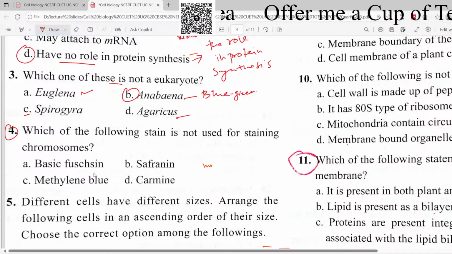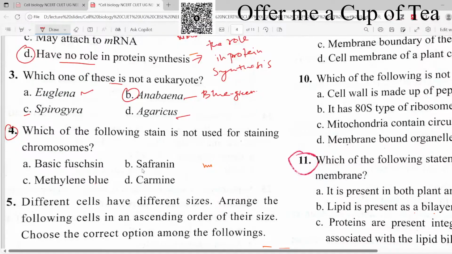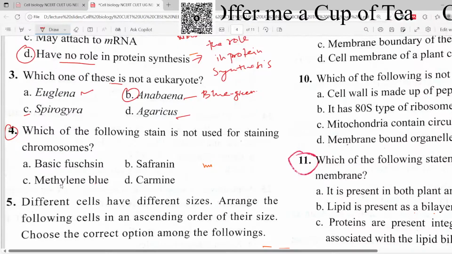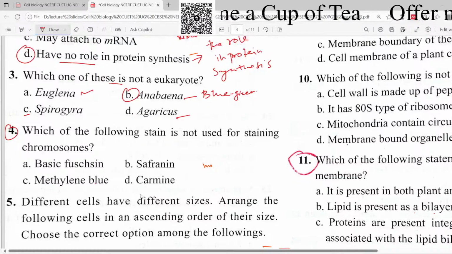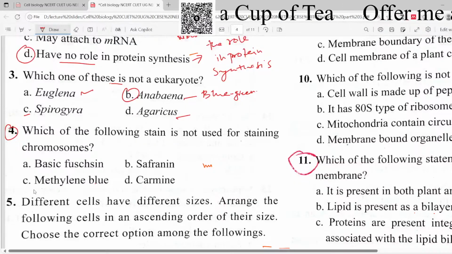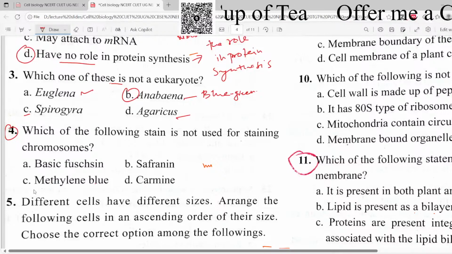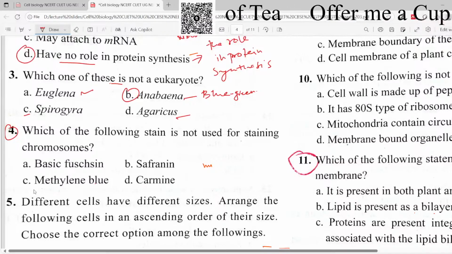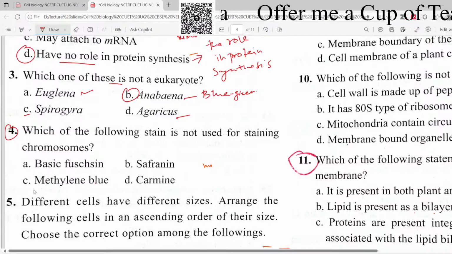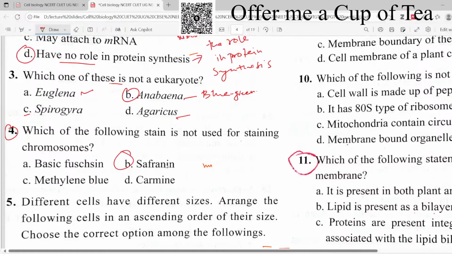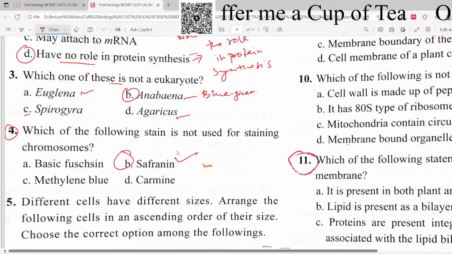A, basic fuchsin; B, safranin; C, methylene blue; and D, carmine. So here the correct answer is safranin.